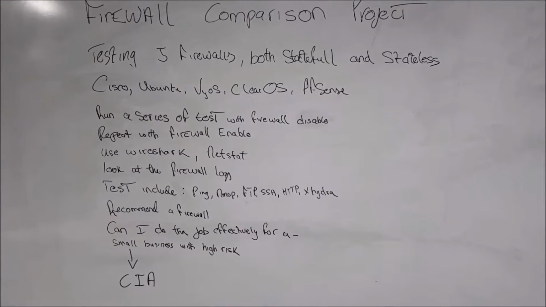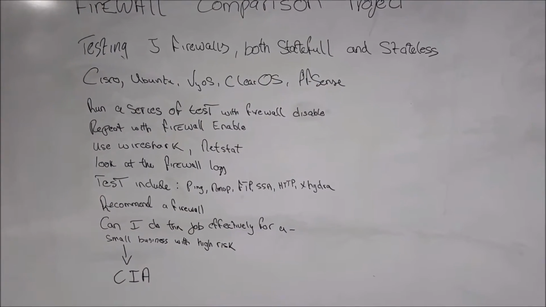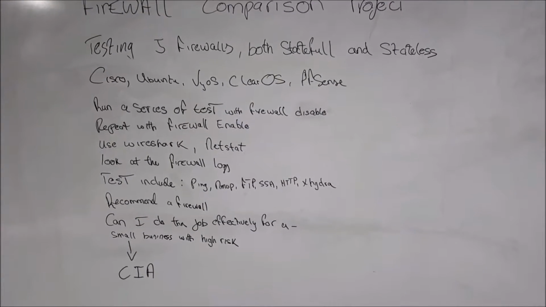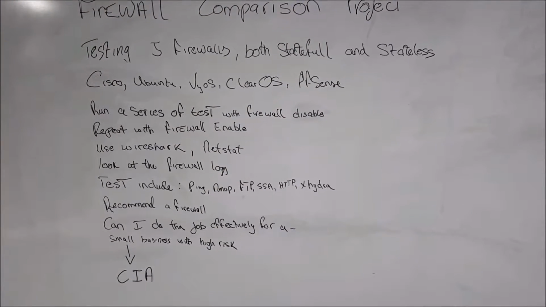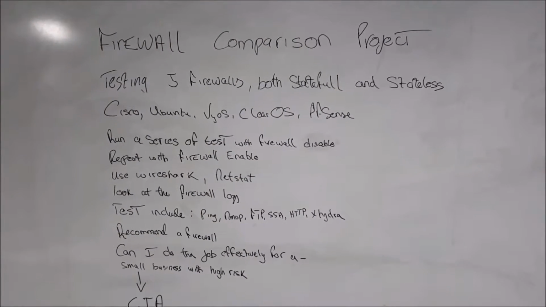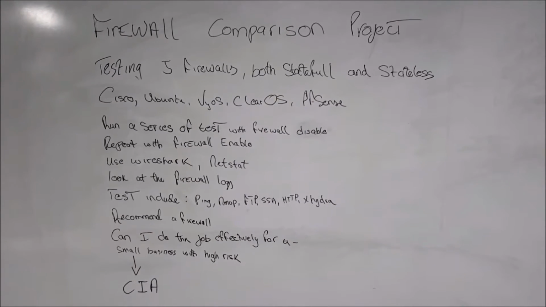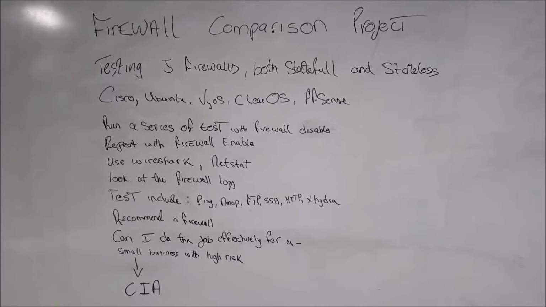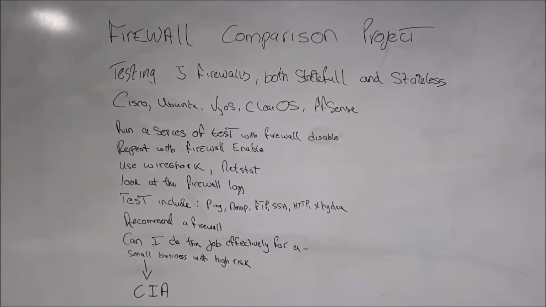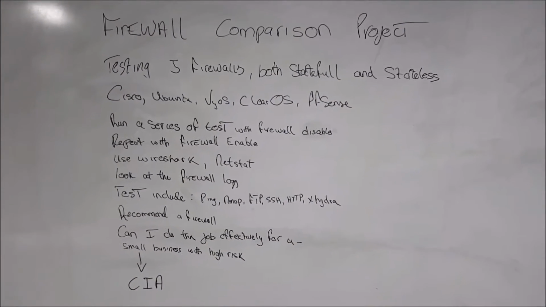And when you talk about a business with high risk or medium to high risk, you've got to include CIA in this: confidentiality, integrity, and availability. Because at the end of the day, the firewall is trying to restrict unauthorized access. And if someone gains access, they can possibly have access to confidential, secret reports or documents that they shouldn't have.